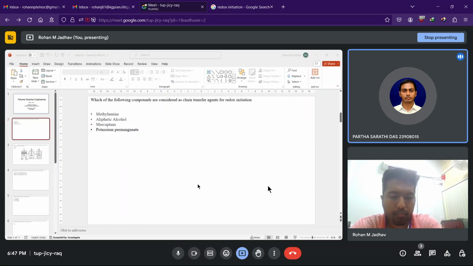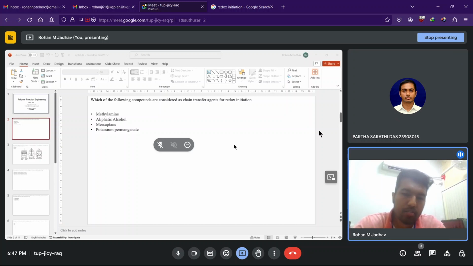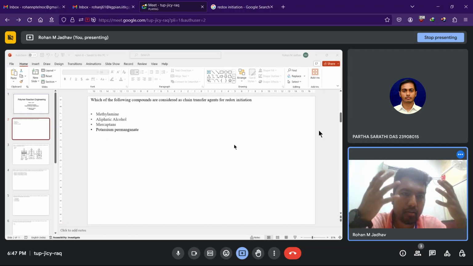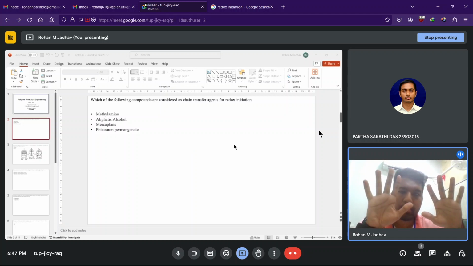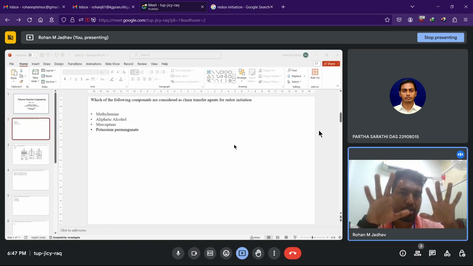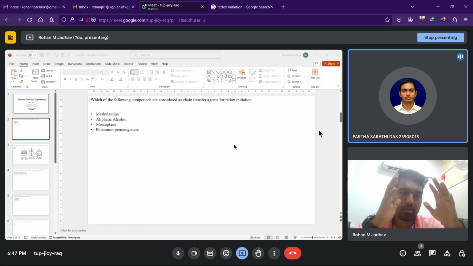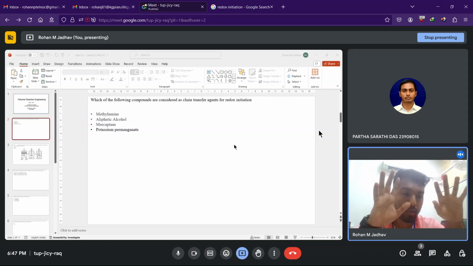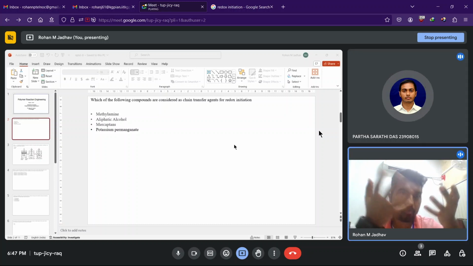Other chains will be present separately as well. You can imagine my fingers as the entire polymer mixture. I have 10 fingers, so you can imagine 10 different chains. Not a single molecule, but the entire polymer mixture.